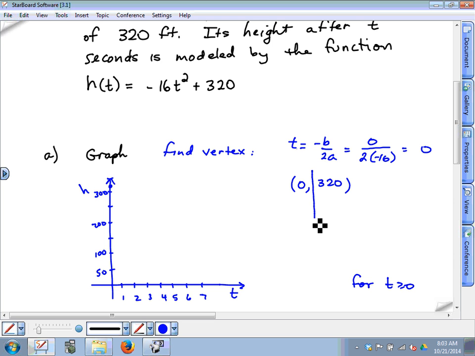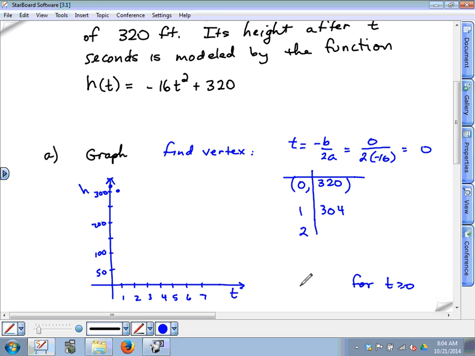So we know that 0, 320 is on the graph. We need a couple of other points. What about after 1 second? What's that? After 1 second, yep, it's negative 16 plus 320, so that's 304. 1 second's 304. Let's do a couple more. 2 seconds. 2 squared is 4. 4 times negative 16, that's negative 64.